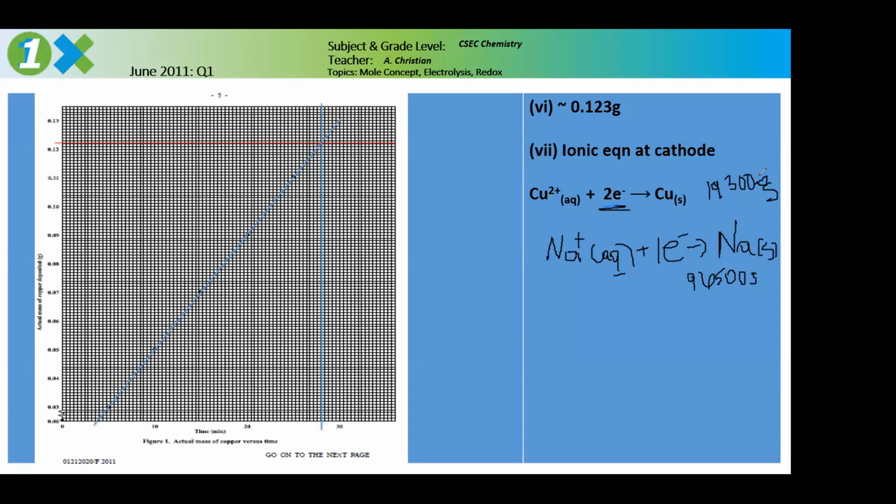A popular common solution would be sodium chloride. So sodium chloride would be aqueous moving to solid. For lead bromide, it would be liquid moving to solid. Okay, sir, thank you. No problem. It is always dependent on the electrolyte itself.